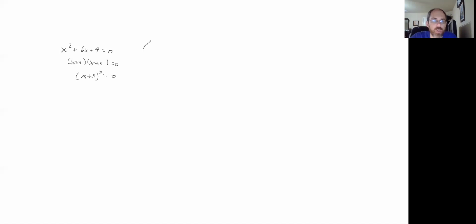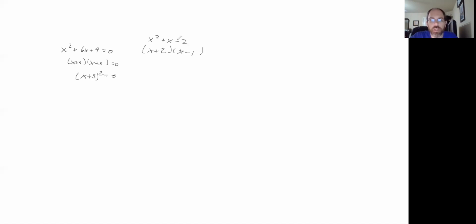Another example of that would be something like this. If I had, say, x plus 2 and x minus 1, what would that look like if I were given a quadratic equation? x times x is x squared, minus x plus 2x is going to be positive x, and positive 2 times negative 1 is going to be a negative 2.